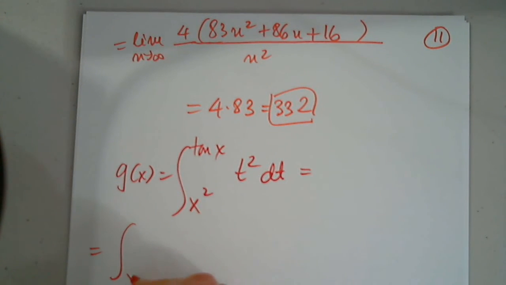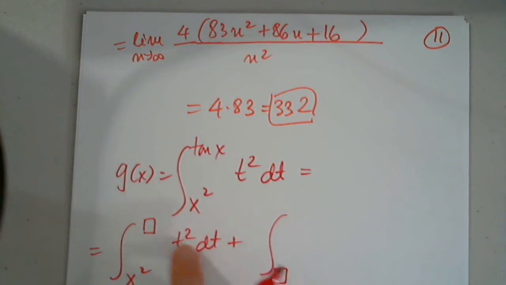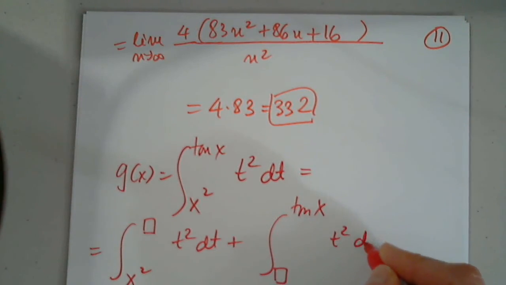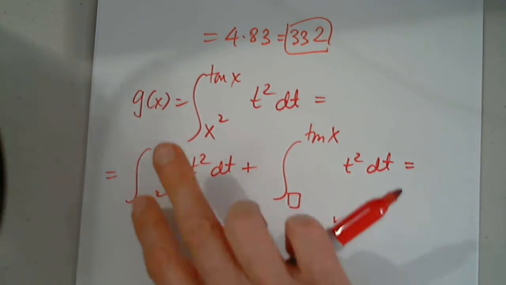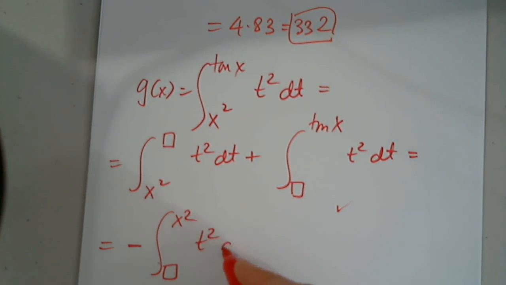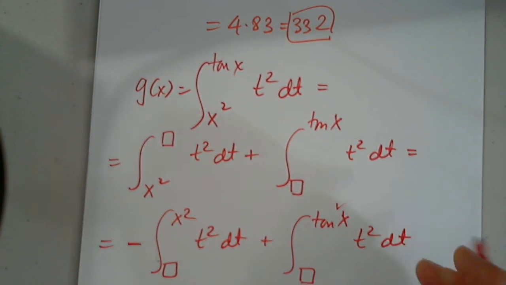So this is the integral from x squared to whatever you want of t squared dt, plus the integral from the same thing to tangent x of t squared dt. This is fine for differentiation, but this is not. I have to flip, and I change the sign. So negative integral from a to x squared of t squared dt plus the integral to tangent x of t squared dt.